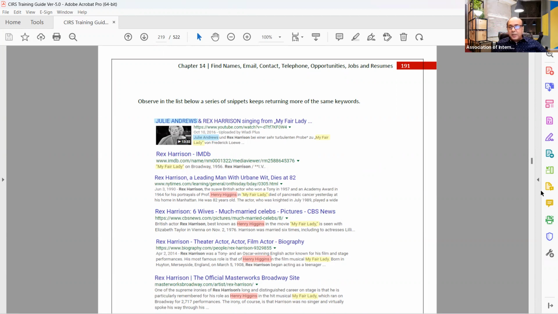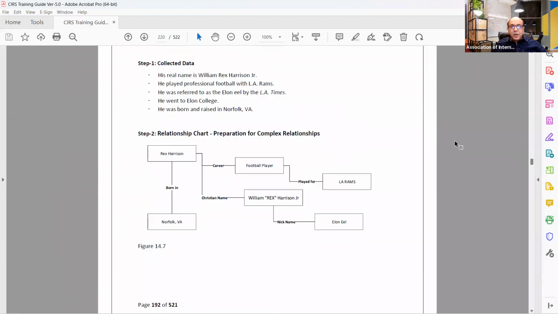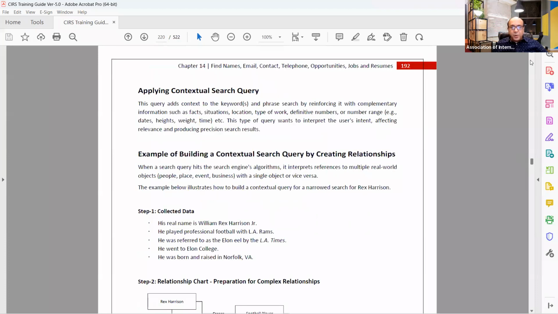To find that individual who is not the actor, you had to go through a process, because there are so many variables that connect with Rex Harrison that even if you want to eliminate each one of them, it's going to make a very long search query.